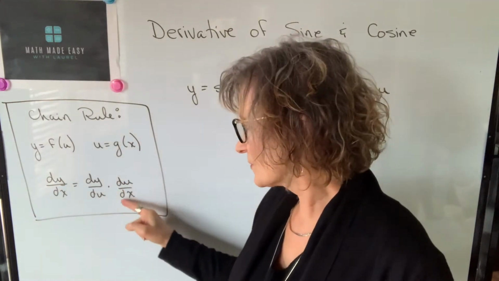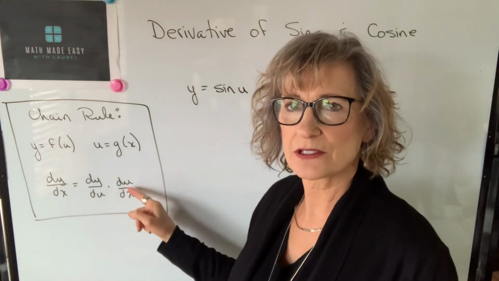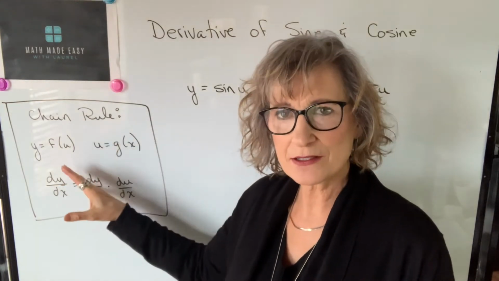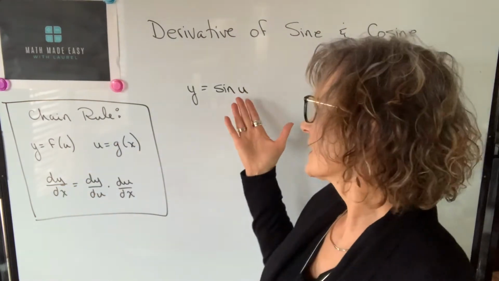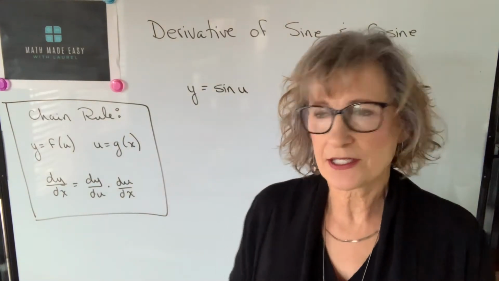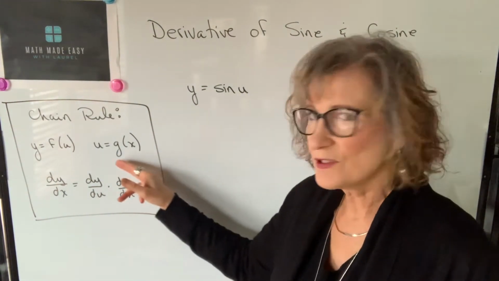And this is the factor that many students forget about. So we're coming back to the chain rule to explain these rules and to emphasize this du dx factor is very important.